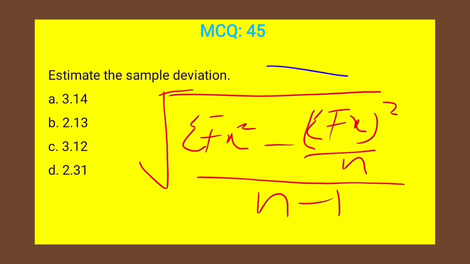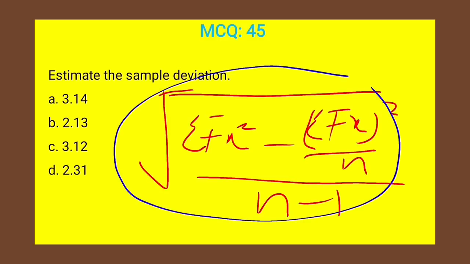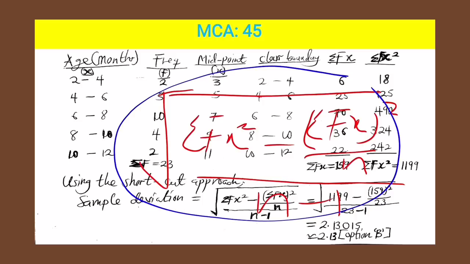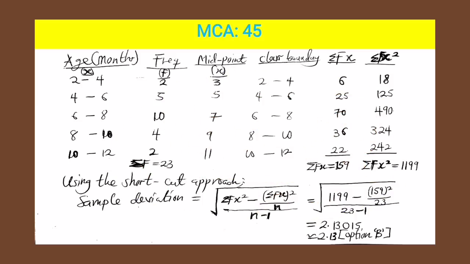So let's take note of that. As I was saying, this is the formula that I used. I first of all get a column for my age, which is here, then a column for my frequency. Then because they are in classes, for me to estimate the sample deviation, I need to find the midpoint of the class.